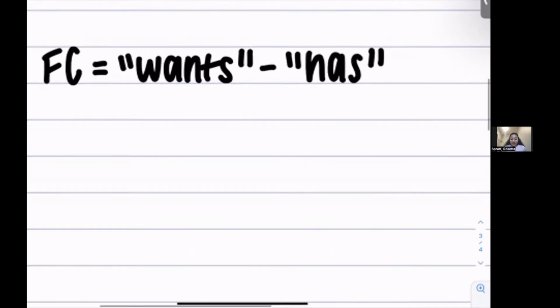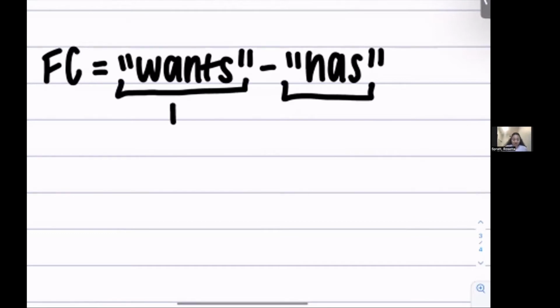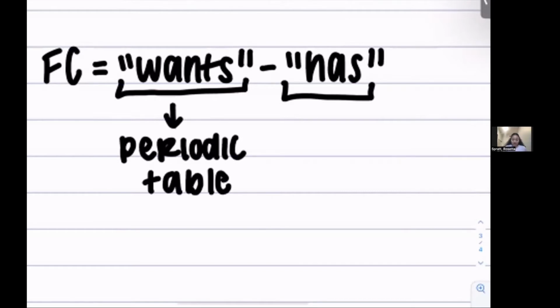And this value is going to vary for each molecule. To note, the wants is the number of valence electrons we get from the periodic table. But the has section, this is what we are actually going to count ourselves from our structures.